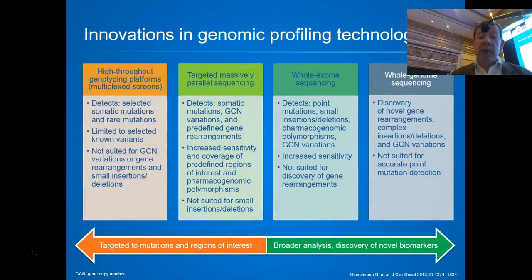Innovations in genomic profiling technology, you can see that there are two different ways in which we can go. High throughput genotyping multiplex screens, targeting mutations and regions of interest. So taking all the information that Dr. Bamfley told us about, can we put that into a single multiplex test?